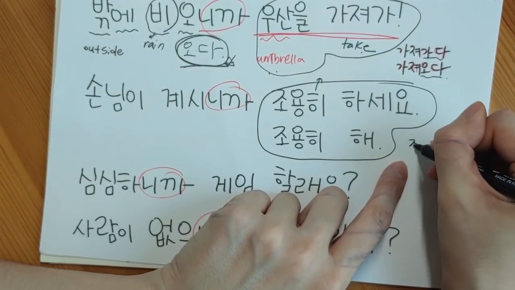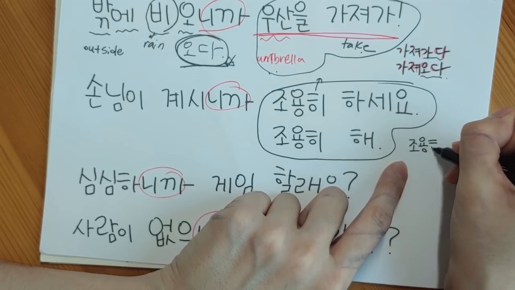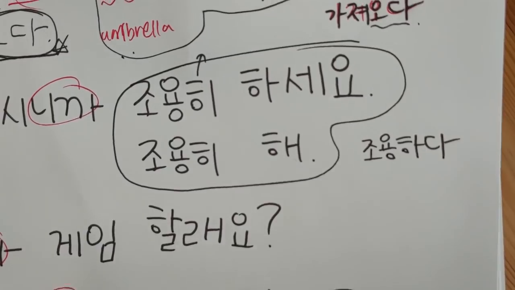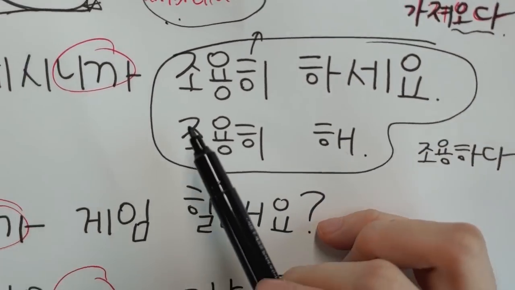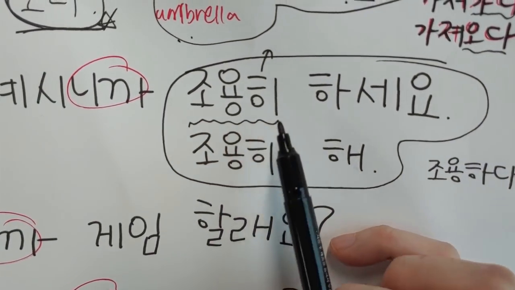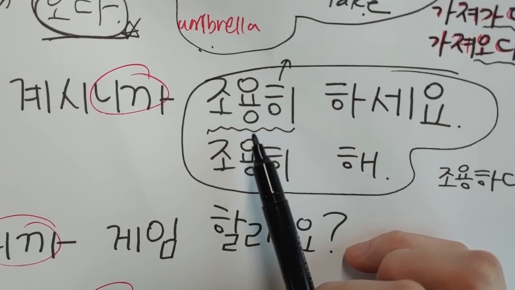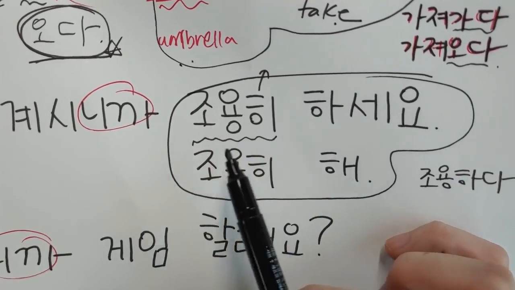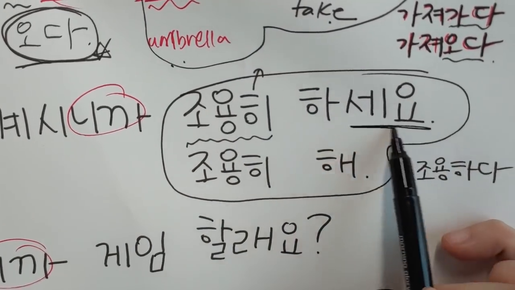조용히 하세요. 조용하다 means to be quiet. And 조용히 is obviously an adverb, so it means quietly do, so it means be quiet. 조용히 하세요.